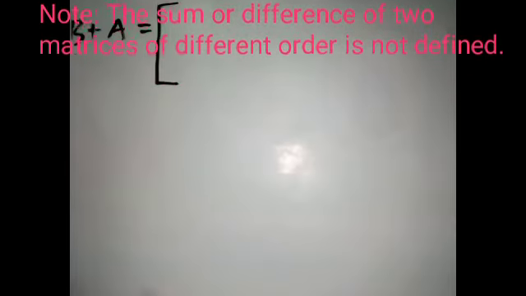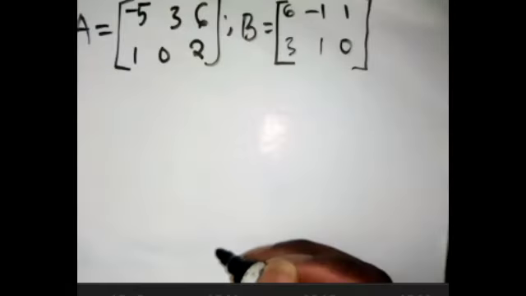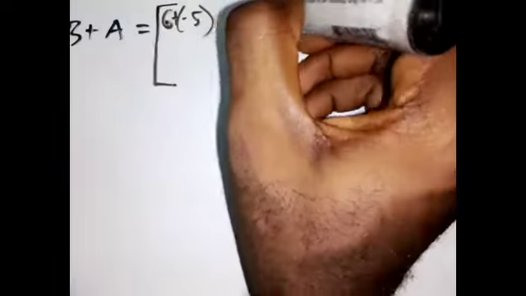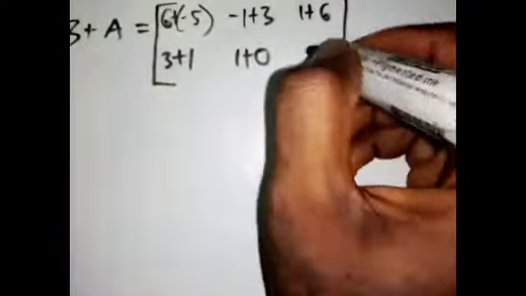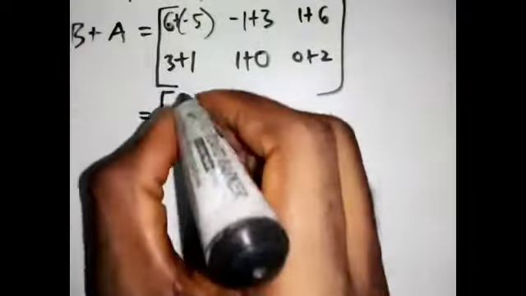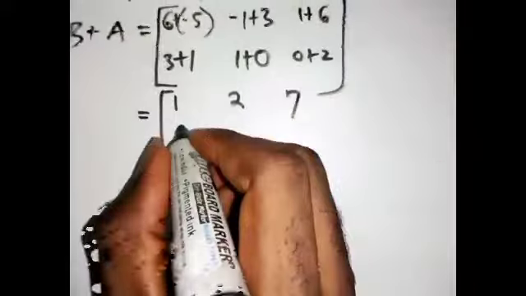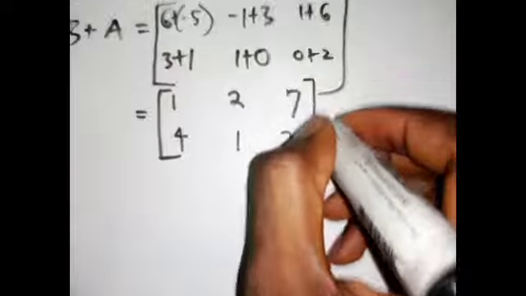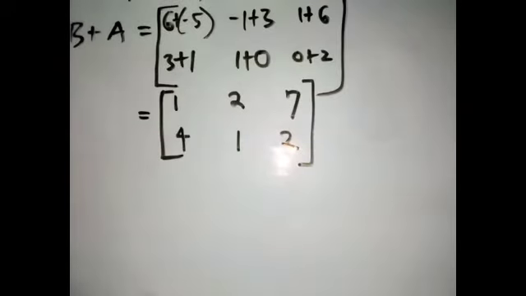So using the same examples as before, now solving for B plus A, we'll have 6 plus minus 5, and so on.